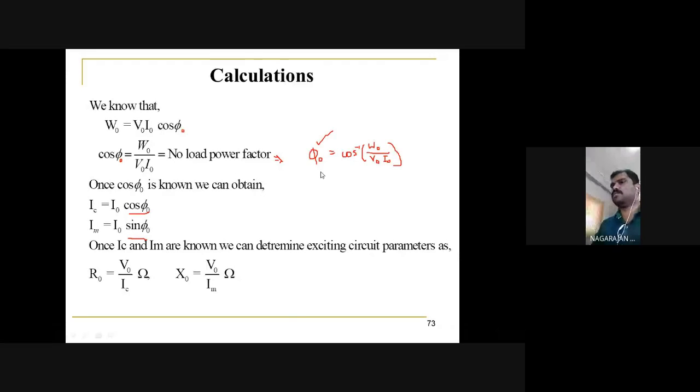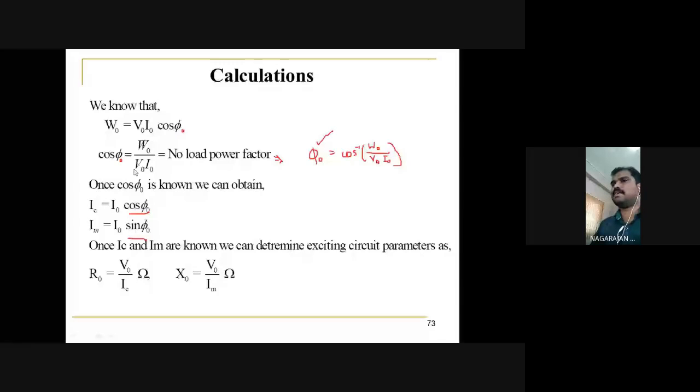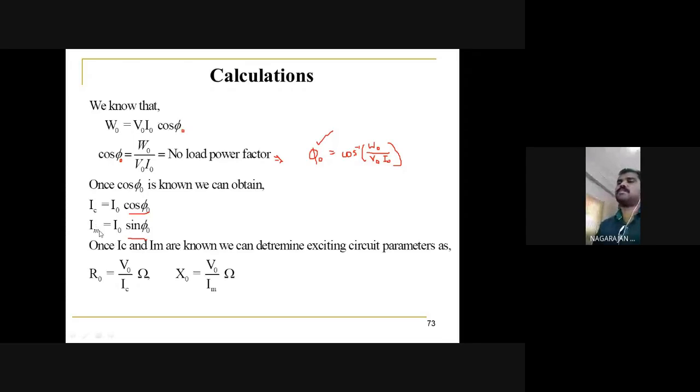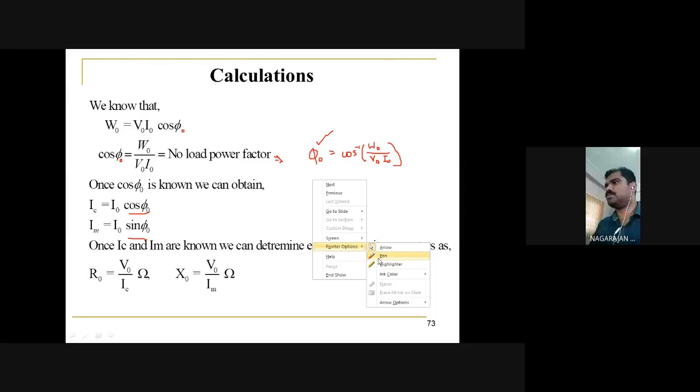From the equivalent circuit, I'll first find out the IC value and IM value using these equations. IC is the current passing through the core loss component of the transformer. IM is the current passing through the magnetizing component of the transformer. That is the center branch of the equivalent circuit of the transformer. I'll draw it here so that you can understand better.